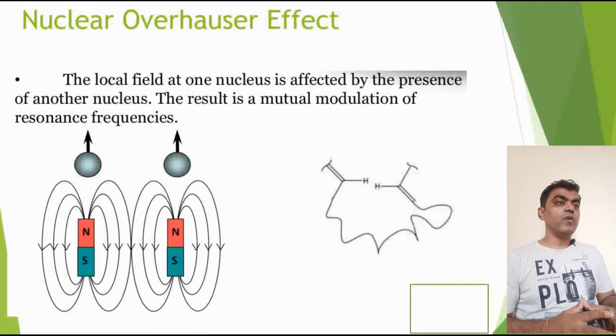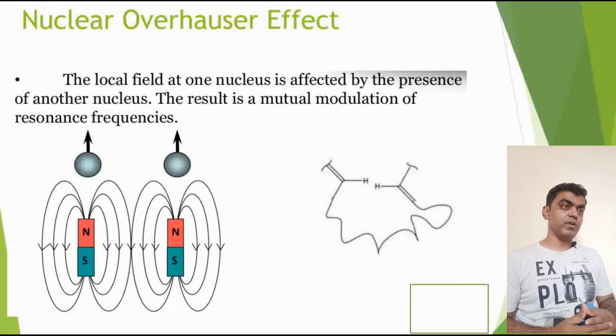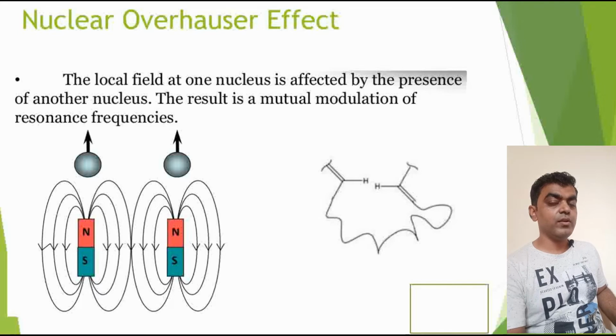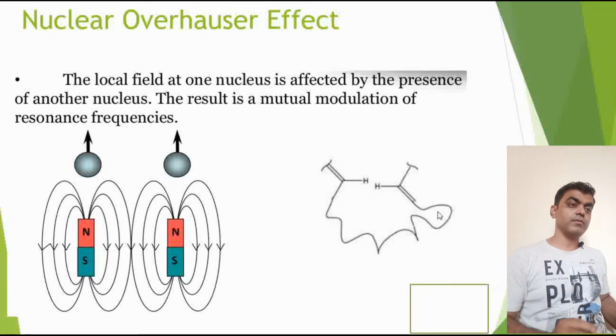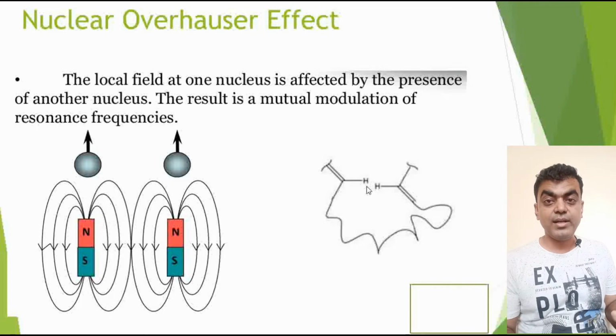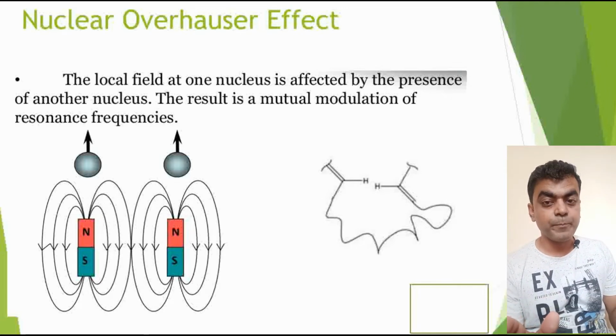Coming to Overhauser effect. So what is the Overhauser effect? If you see here, just a rough sketch: this is one proton, this is another proton, and these two protons are connected through a very complicated bond path. This is not even close to 3 bond lengths distance, not even 4 bond lengths.